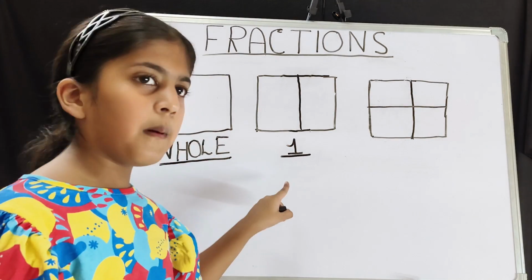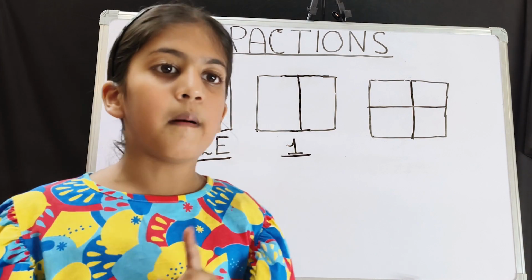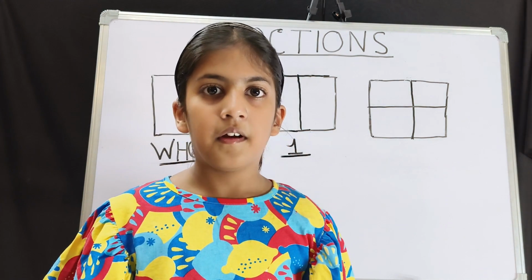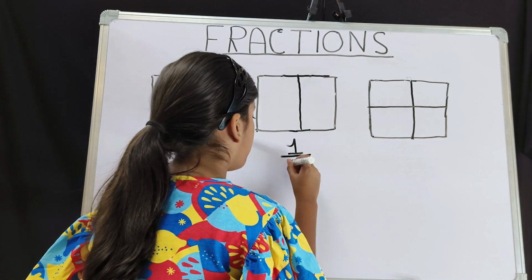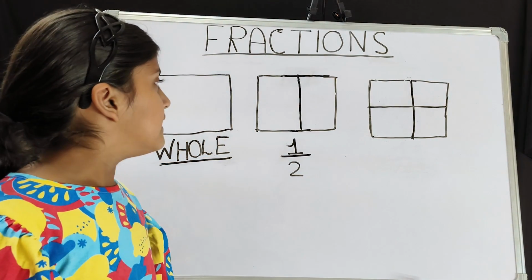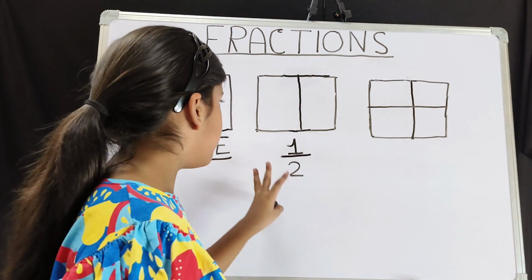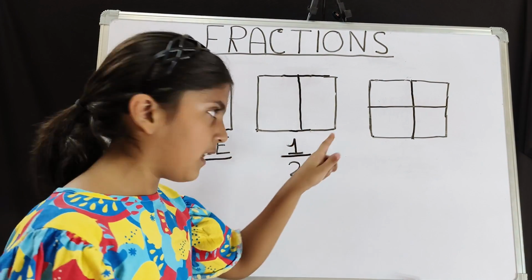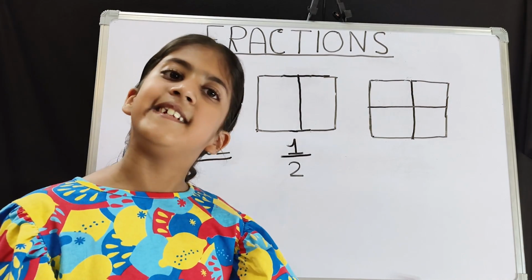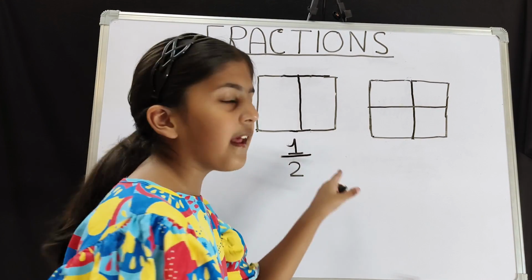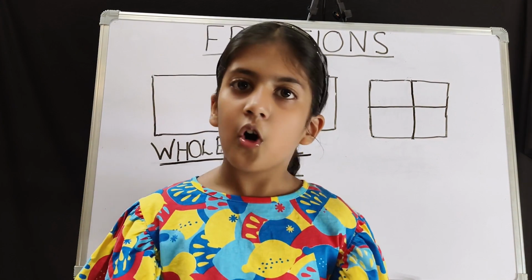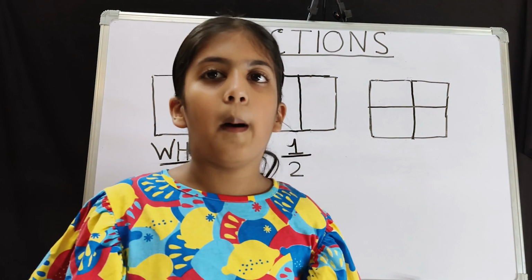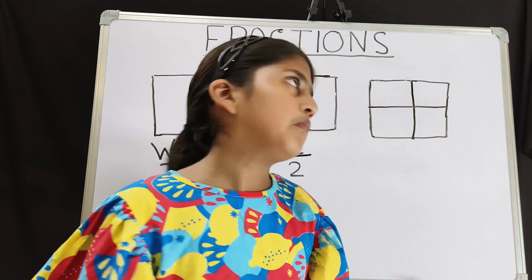Now, below the bar, I write the number of parts the square is divided into, which is 2. So I will write 2. Now this is the fraction of this part. 1 is known as the numerator and 2 is known as the denominator, and this bar is known as upon or by. Now let me read the fraction. 1 upon 2 or 1 by 2.